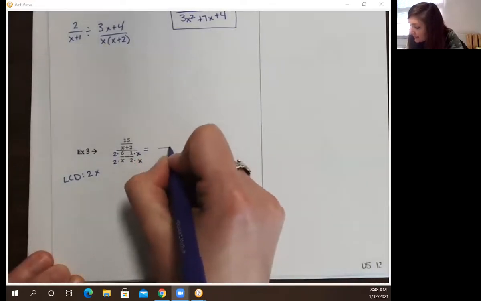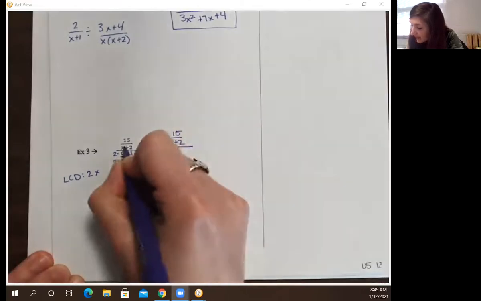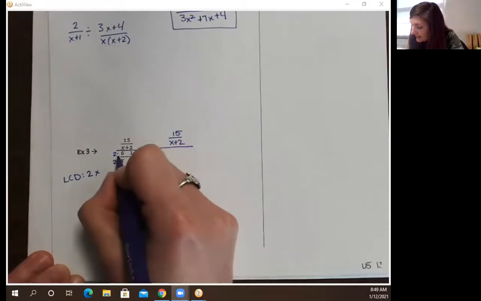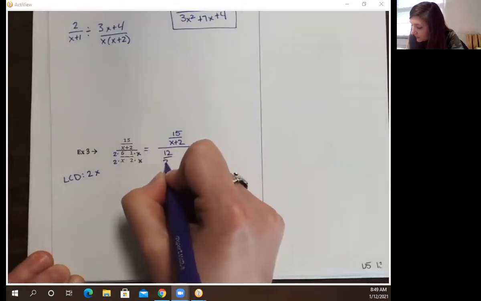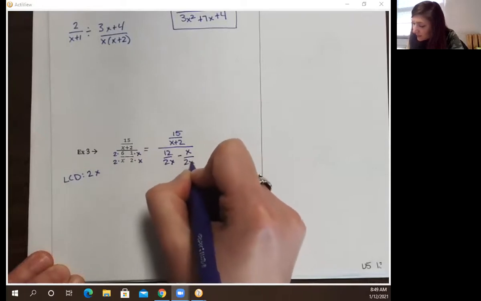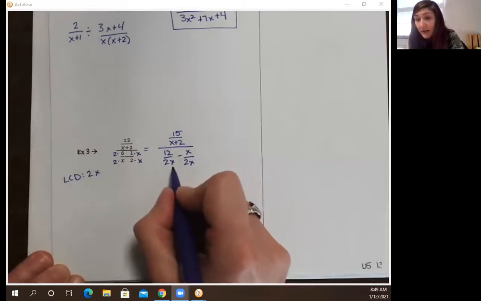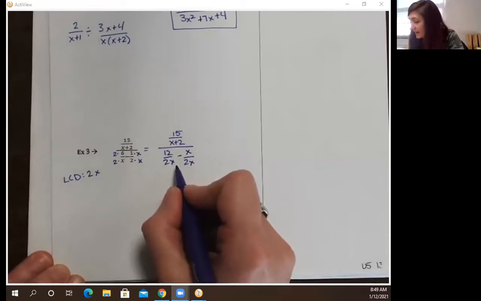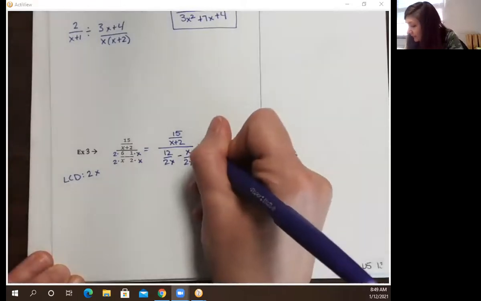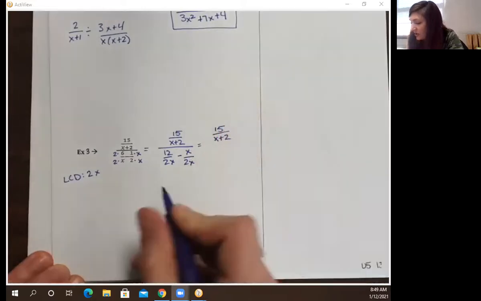So I get 15 over x plus 2, just recopied, and then 12 over 2x minus x over 2x, or 1x if you want. Now that I have common denominators here, I can go ahead and do that subtraction. Remember, subtraction is the one we need to be careful with because that changes our sign.